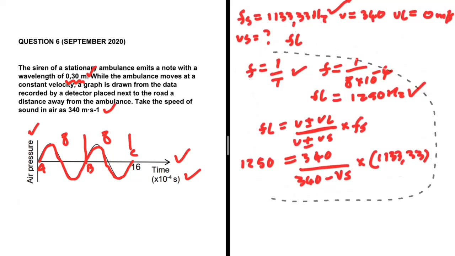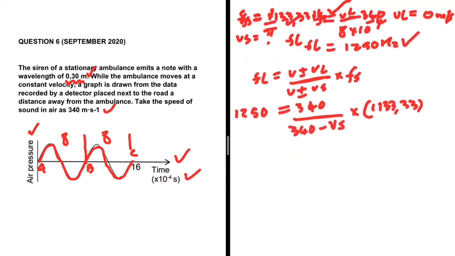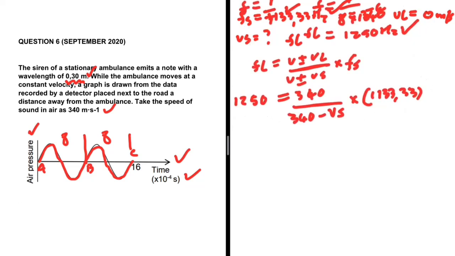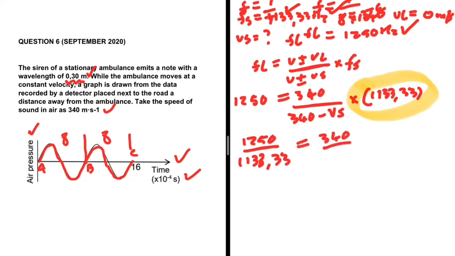Now it's just a matter of solving the mathematics behind it. I'm doing that because I'm running out of space. So let's go ahead and divide both sides by this number. If we do that, we're going to have 1250 divided by 1133.33 being equal to 340 divided by 340 minus VS. So let me divide those numbers on the left-hand side, or I can just cross multiply at this point.